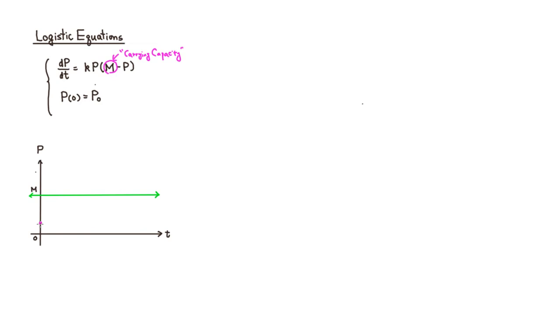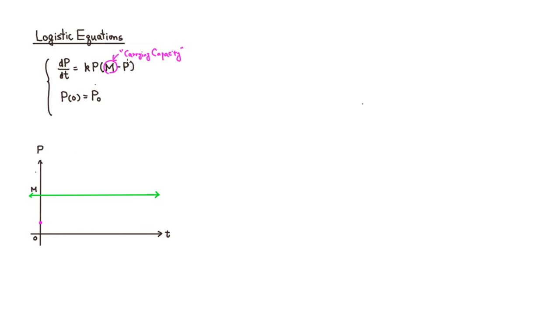So let's say here. Then if you look at the rate of change of population, k is a positive constant, and the population is going to be, of course, positive, and M minus P is going to be also positive. So you're going to have a positive slope. That means that it's increasing.